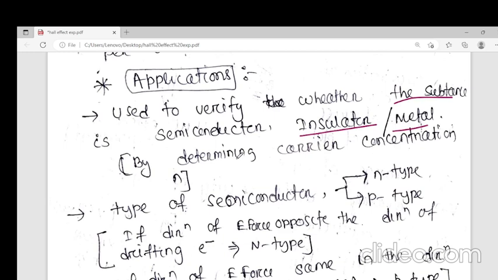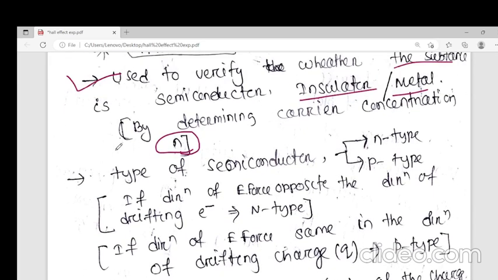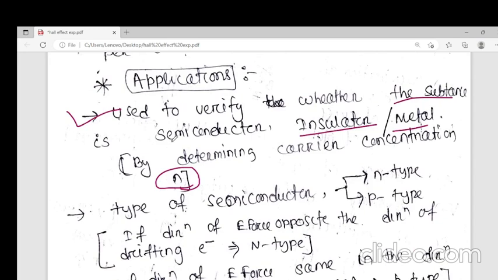How? In finding RH, the Hall coefficient, there is one term which is n. By determining the carrier concentration n from RH, we can find out whether the substance is a semiconductor or insulator or metal.